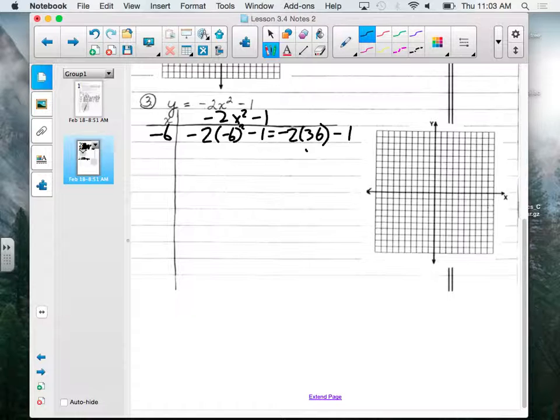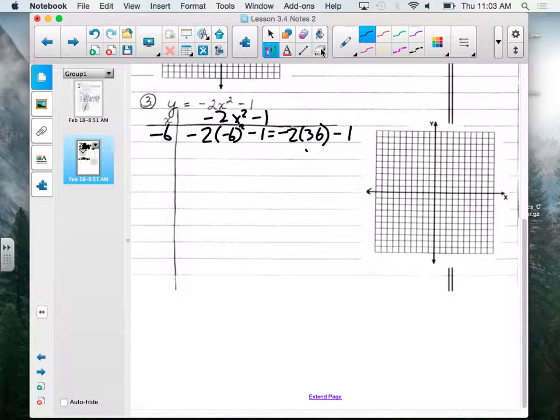Negative 72. What's negative 72 minus 1? Negative 73. Is negative 73 on our graph? Not so much, is it? So especially when you're dealing with parabolas, or x squareds, you want to pick pretty small x values so your points stay in your graph.